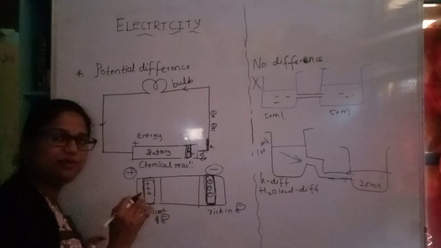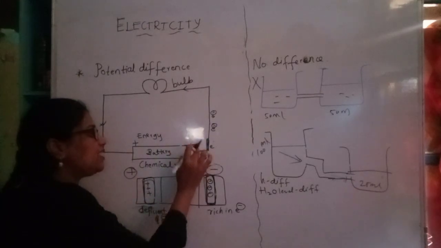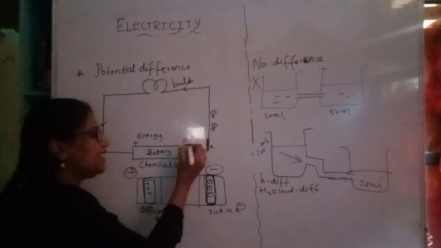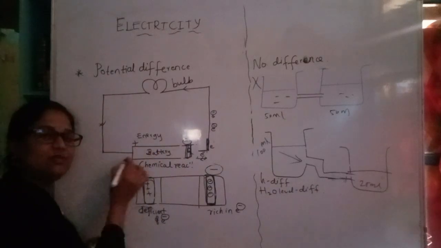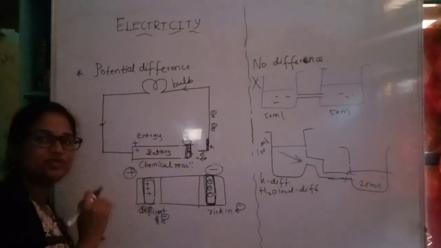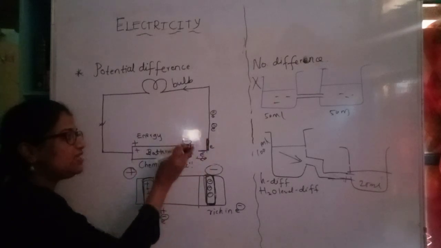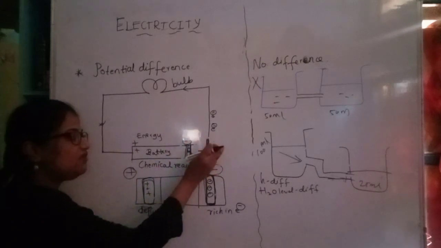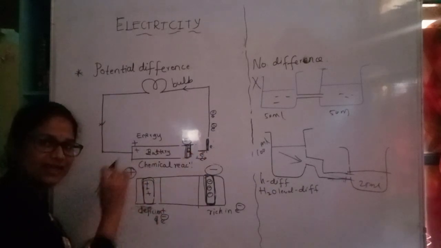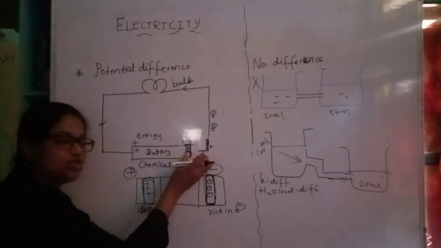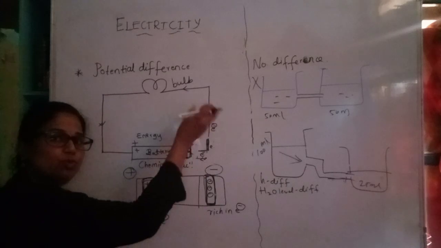As I said before, this end will contain certain negative charges. This end will contain certain positive charges. So this creates a repulsion between the electrons of the conducting wire and this battery end. This repulsion makes the electrons move.